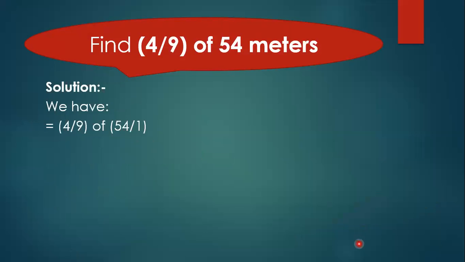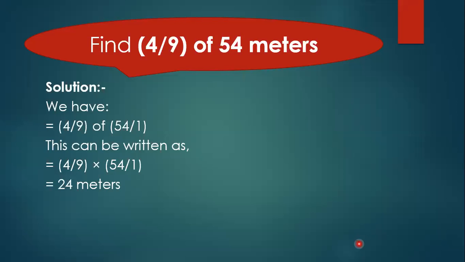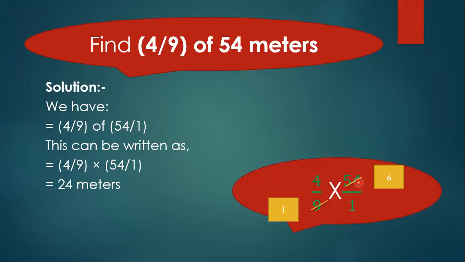All right, so again the process remains the same. 4 by 9 of 54 by 1 will be 4 by 9 multiplied by 54 by 1. All right, now how will we do this? You can see here, don't cancel 4 and 54 anyway. What will you do? In 9's table, 1 times, 54 comes how many times? 6 times. We are left with 24.